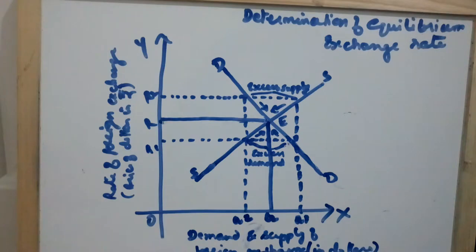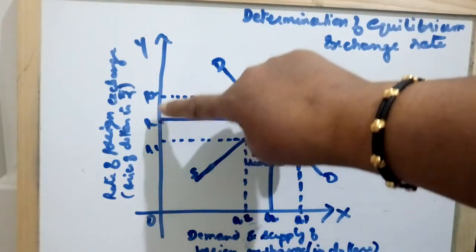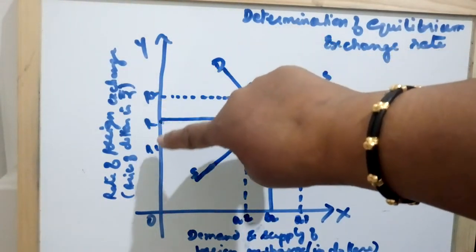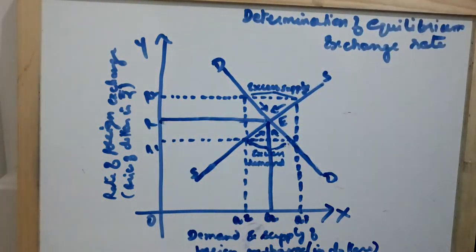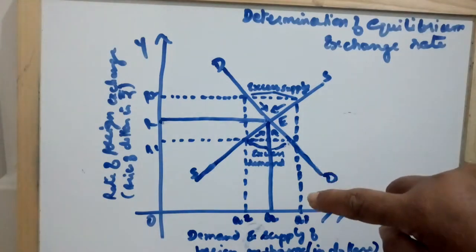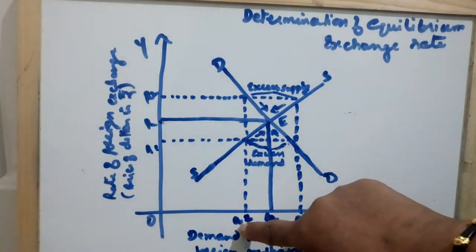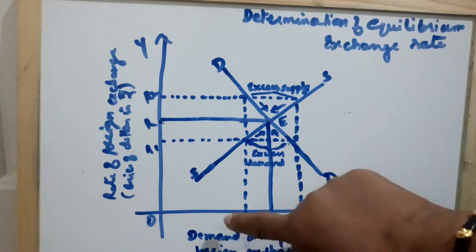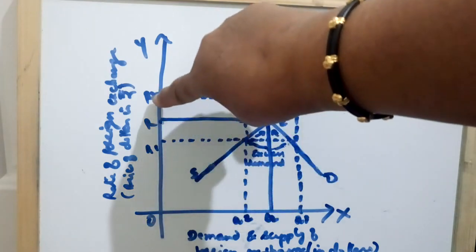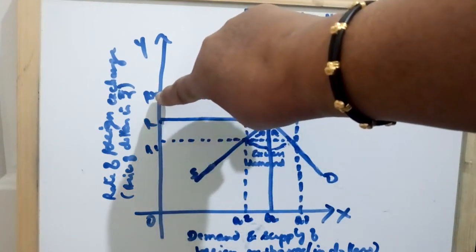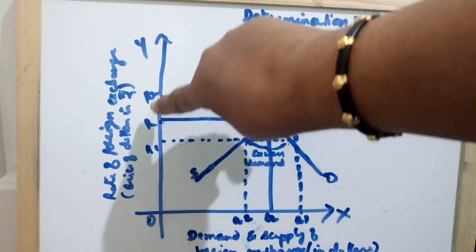Now, there are changes taking place. If the exchange rate rises to R2, here you find the demand for foreign exchange falls to Q2. The price of dollar or the rate of foreign exchange increases to R2, that is OR2.